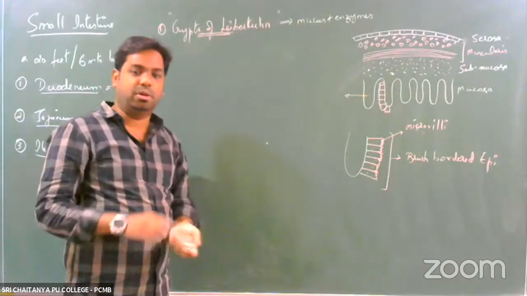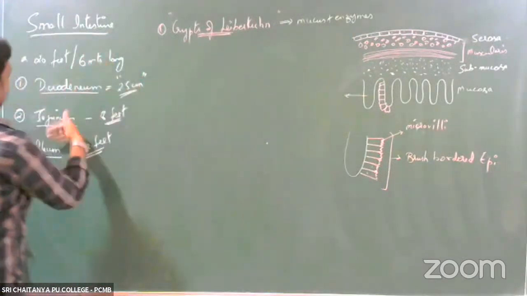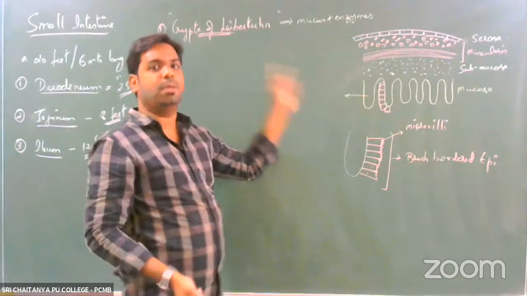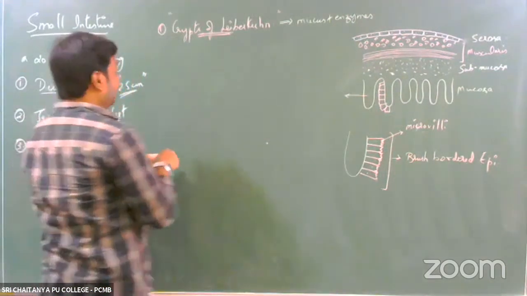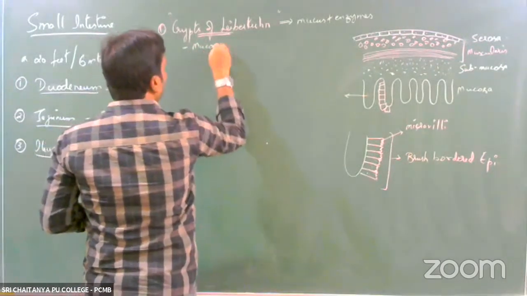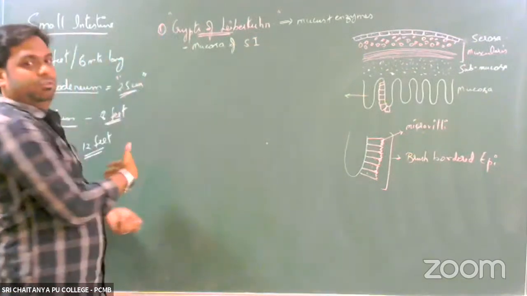And this gland is present throughout the small intestine, that is, in the duodenum, jejunum as well as the ileum. So the location is the mucosa of the small intestine, in all parts of the small intestine.